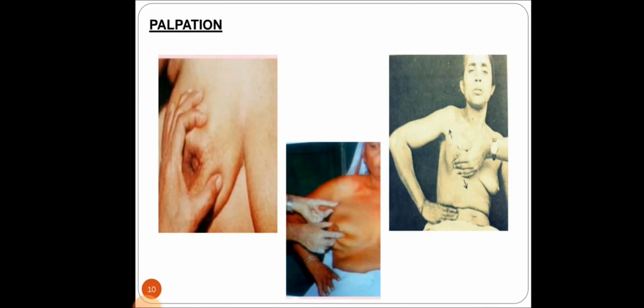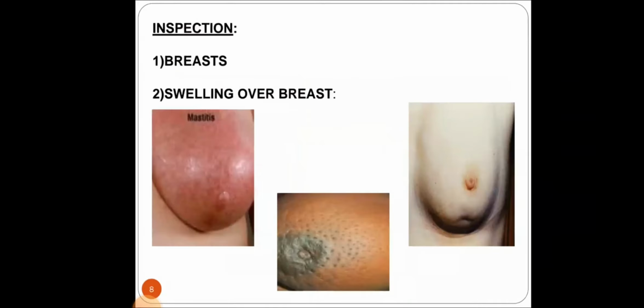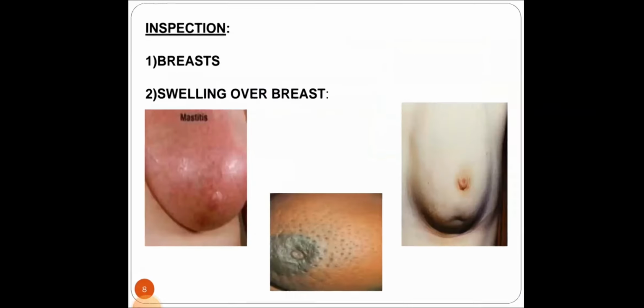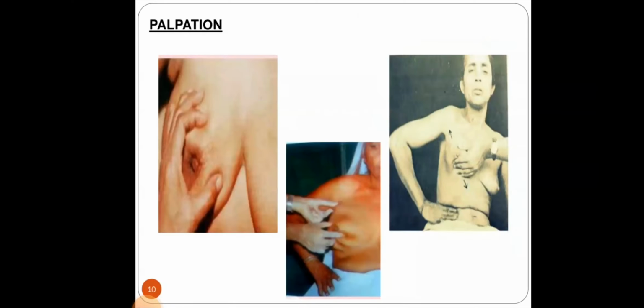And as I said in the beginning, all the quadrants should be palpated. Different methods are described; it can be done in a circular manner or in a longitudinal manner. Any palpation technique is okay, but all quadrants should be palpated systematically. That is an important thing to consider when dealing with palpation of the breast.